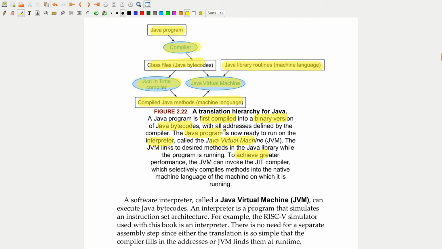What I mean by that is that the Java virtual machine can invoke the just-in-time compiler to compile certain methods. So there's some communication right here. The Java virtual machine says, okay, just-in-time compiler, I need you to make this faster for me. And it can compile these methods into the native machine language and then give it back to the Java virtual machine.